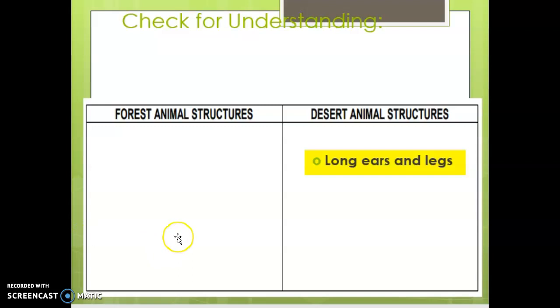That structure is most helpful in a desert ecosystem. Why? Because if you have long legs, you can quickly run away from predators. If you have long ears, it helps release or remove the excess heat that's in the desert ecosystem.